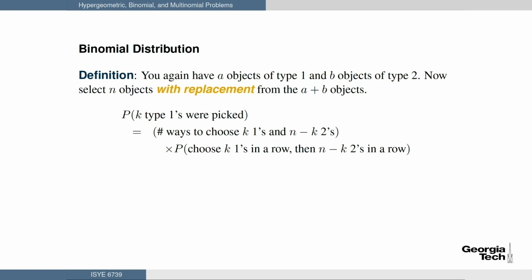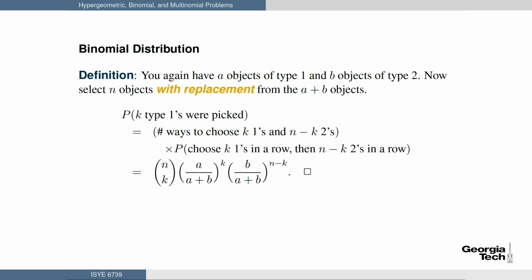The first term, the number of ways to choose K type 1s and n minus K type 2s, that's merely the number of possible sequences. So to get the overall probability that I'm picking K type 1s, I multiply the number of sequences that result in K type 1s times the probability of a specific sequence. So here it is. Number of ways to choose K type 1s, n choose K. The probability of picking K type 1s in a row.